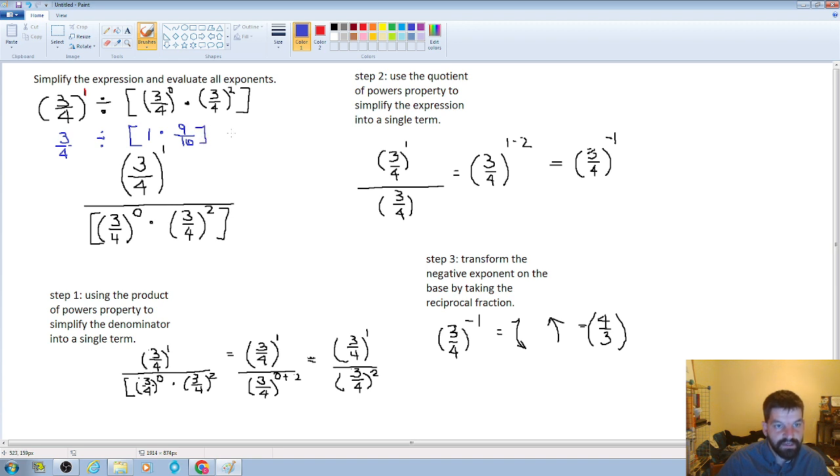So this is going to give us that the equivalent expression we're going to be solving is 3/4 divided by 9/16.